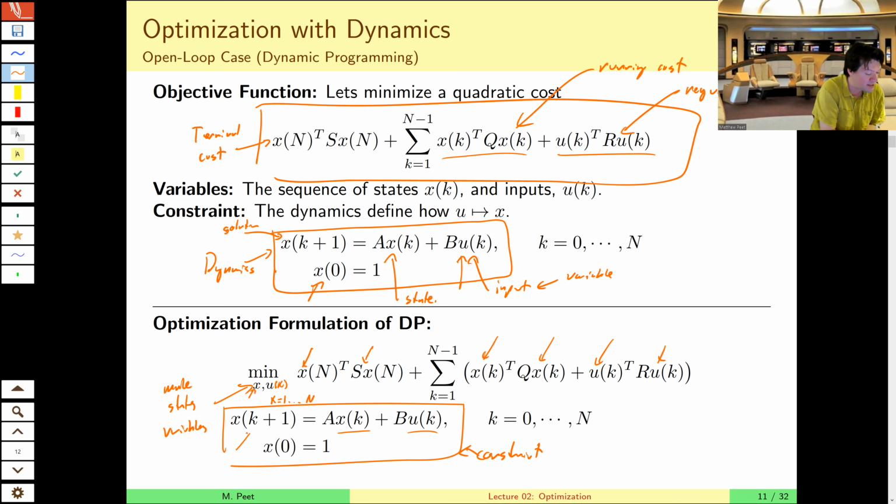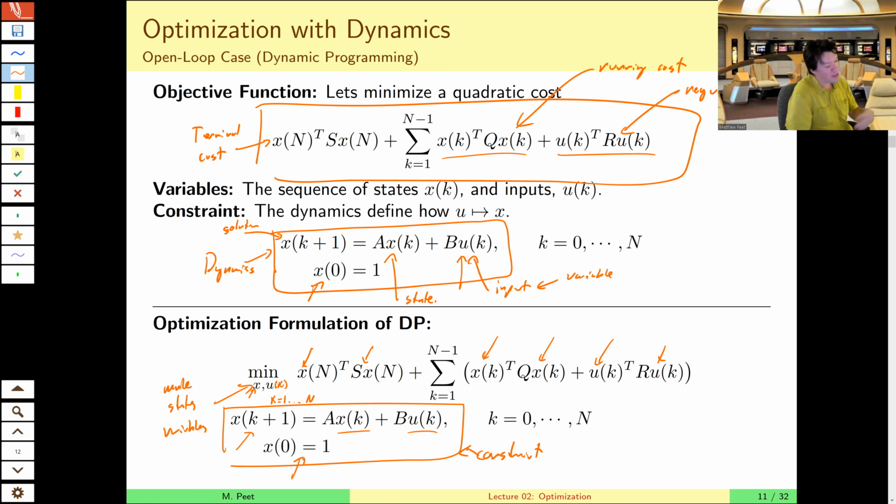So it's causal. The next time step is a function of the previous time step state and the input at that time. And then we have a final coupling here at the initial time, which gives us our initial condition.